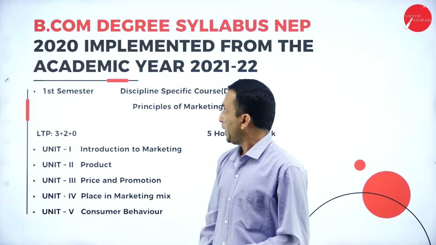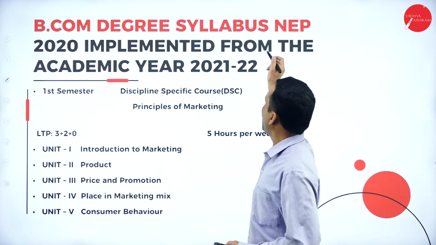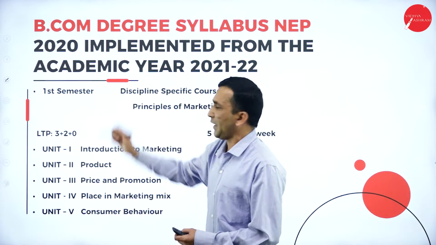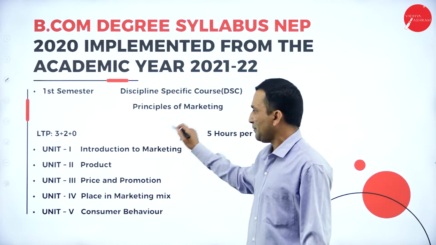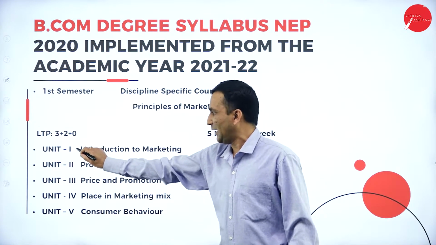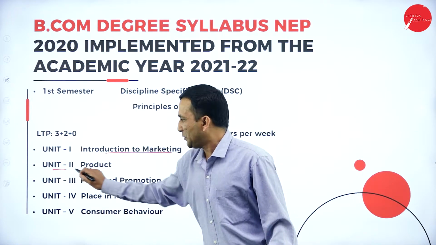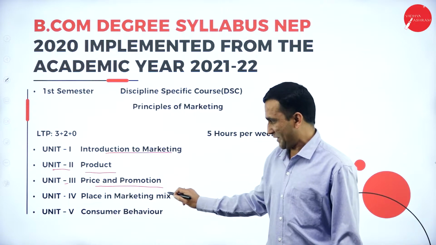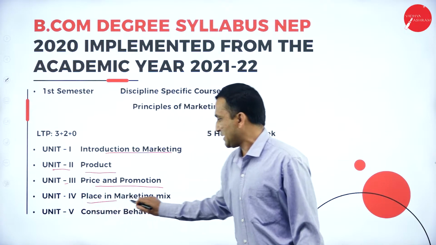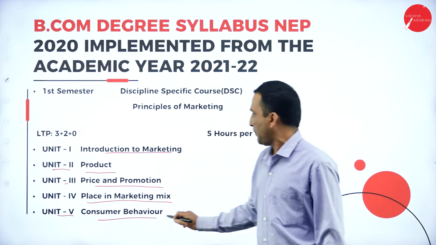Moving forward, here the newly introduced BCom degree as per the new education policy, in this Principles of Marketing, we are going to study in detail: unit 1 is introduction to marketing, unit 2 is product related, unit 3 is price and promotions, unit 4 is place in the marketing mix, and the last unit is consumer behavior.